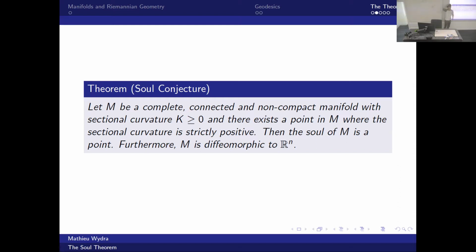For example, with projective space, we see that projective space is actually diffeomorphic to R to the 2n. I think we can use that, but the sectional curvature on projective space is very annoying to work with because of the nature of the tangent space of the lines. So let's work with SL2. Special linear group.